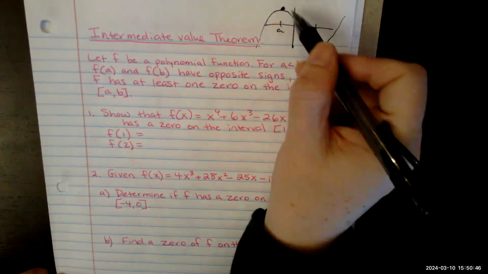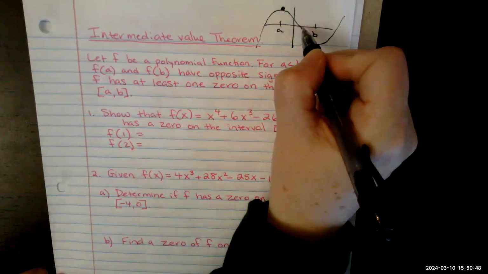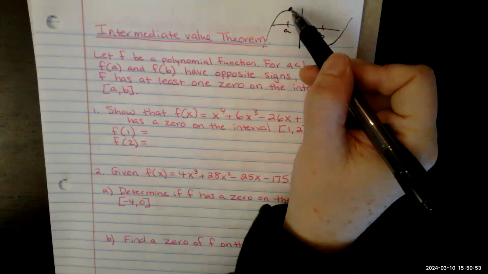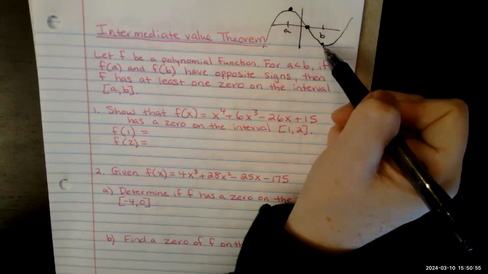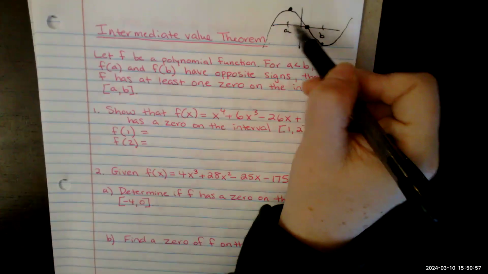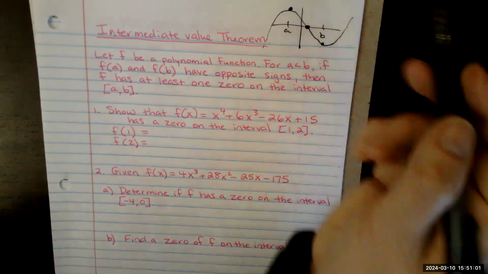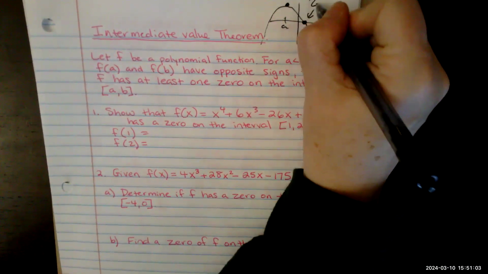There has to be an x-intercept in between. And yeah, that makes sense. If we go from a positive y value to a negative y value, I must be crossing the x-axis at some point, which means there definitely is a 0 in between.